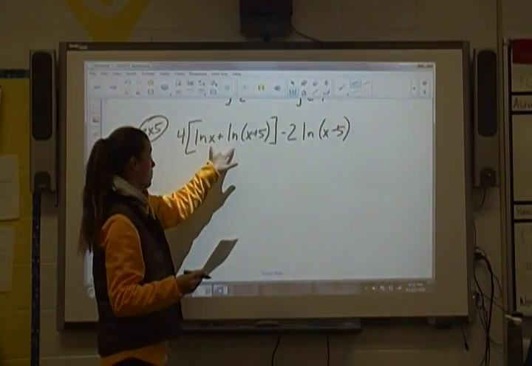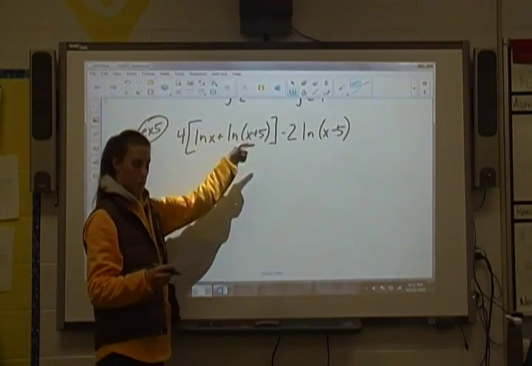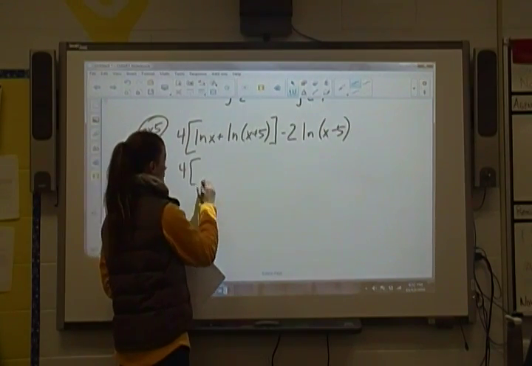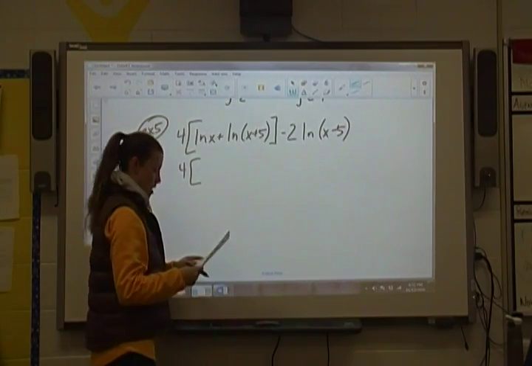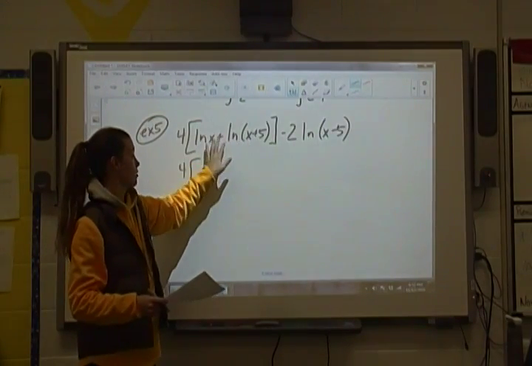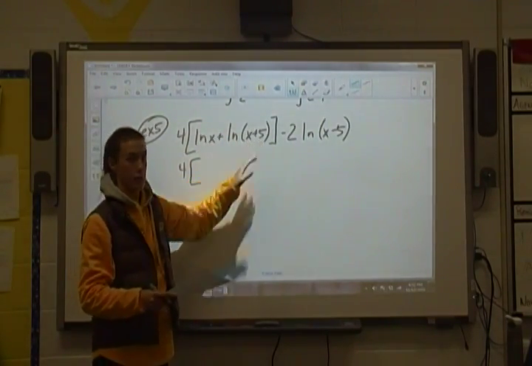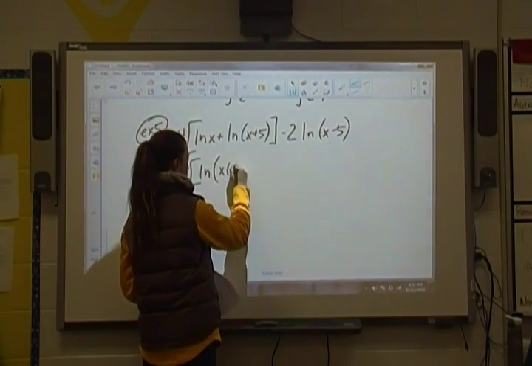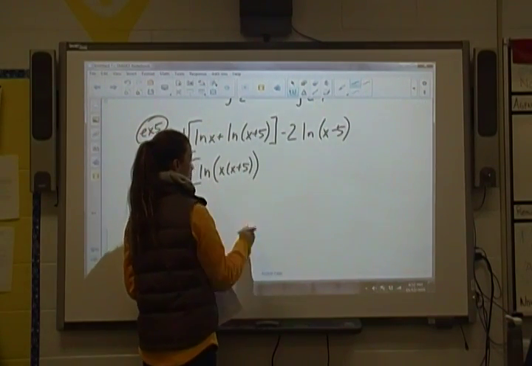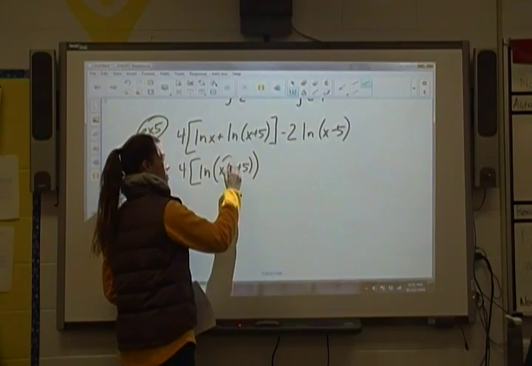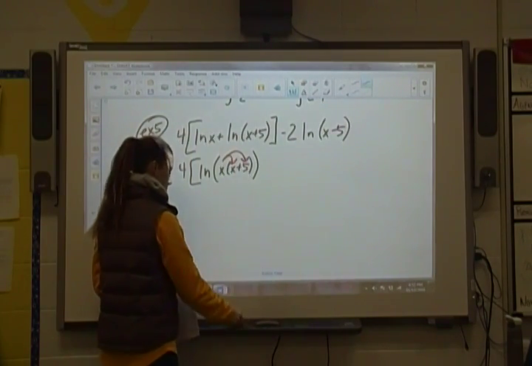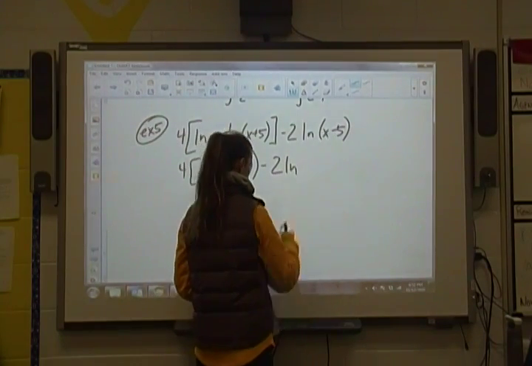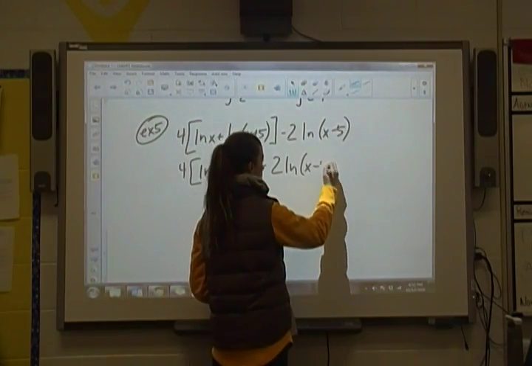So I'm going to try to simplify this into one logarithm first, then I'm going to put the 4 on that term. So I'm going to keep this 4 out here for right now. And I'm actually going to multiply these two together. So x times (x plus 5). So if I have natural log of x times (x plus 5), I'm going to need to multiply that through and distribute that x to both terms. Then I've got my minus 2 natural log of (x minus 5).